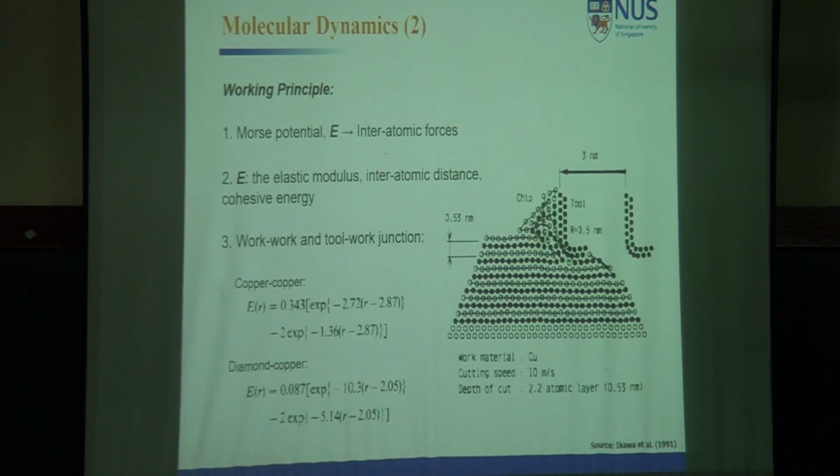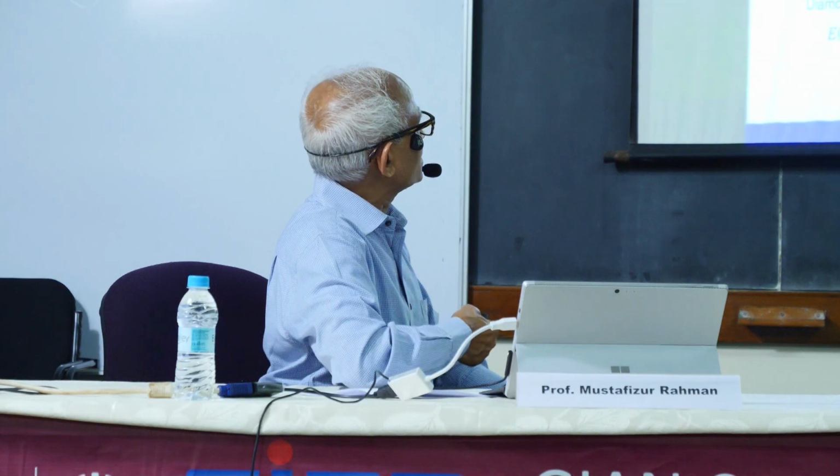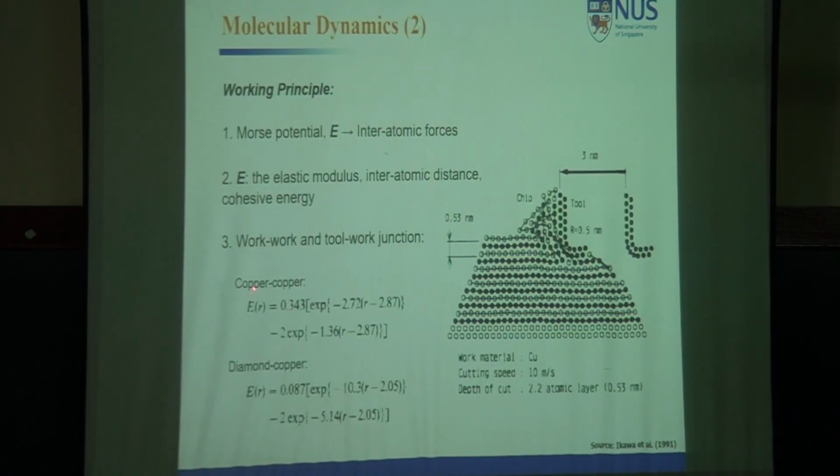All these equations they brought in: Morse potential, E which is elastic modulus, interatomic distance, cohesive energy, all these were considered. And for copper, copper to copper material combination, and then tool and workpiece contact, these were considered. I'm not going to go into the details, but basic things, if you want to do molecular dynamic analysis, you'll have to consider those things.